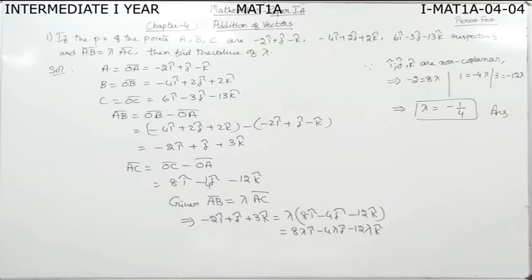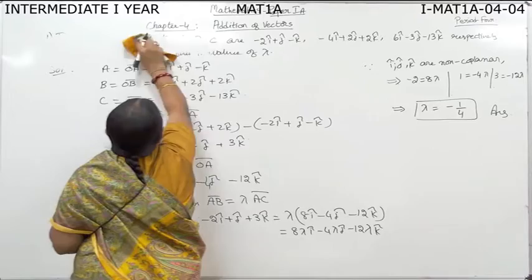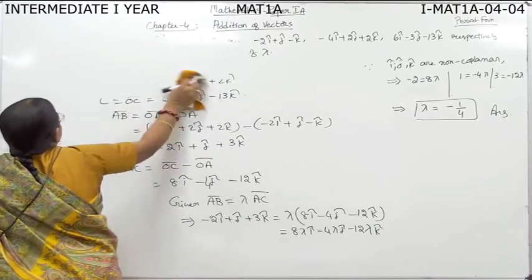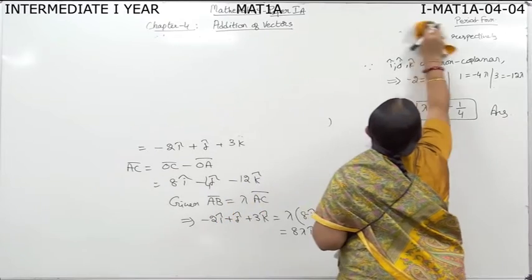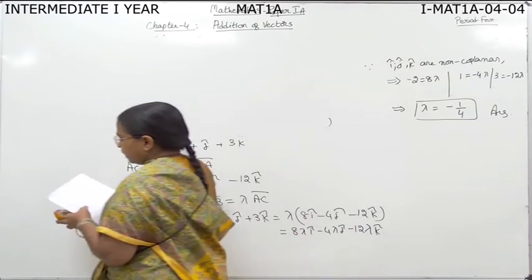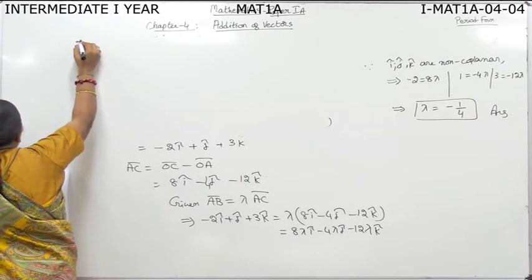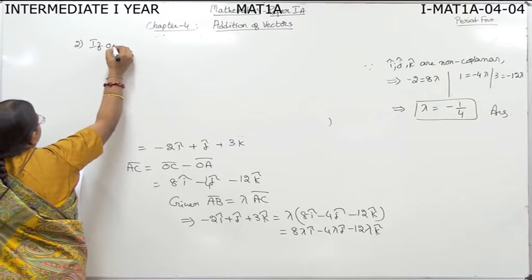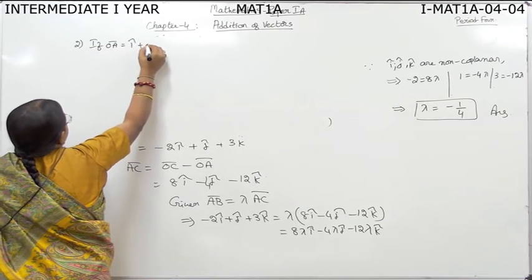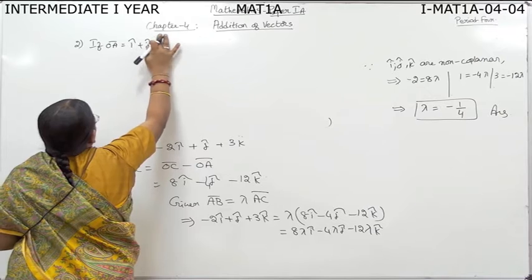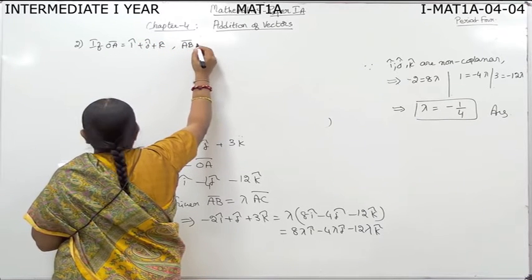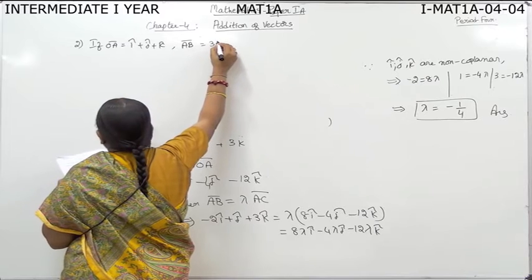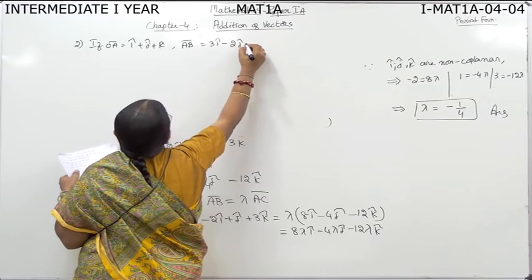Now next problem. Second problem, I'll write. If OA is equal to i plus j plus k, and then AB is equal to 3i minus 2j plus k.